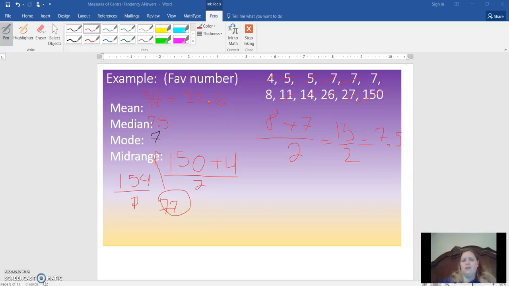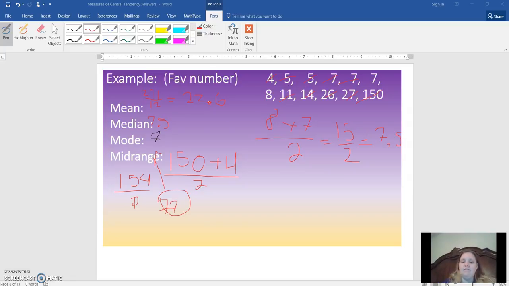If we look at this, there's a couple of things we should notice. All these numbers, except for one, are less than 30. So the mid-range is not good. Then the mean, even though everything is less than 30, is skewed by that 150.